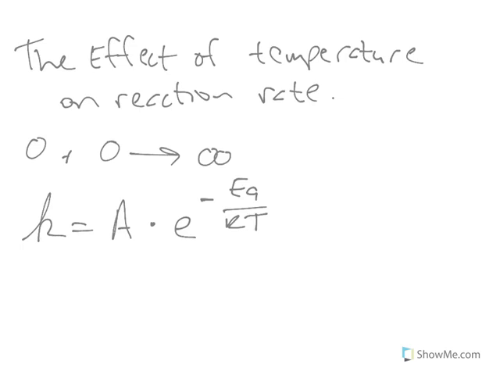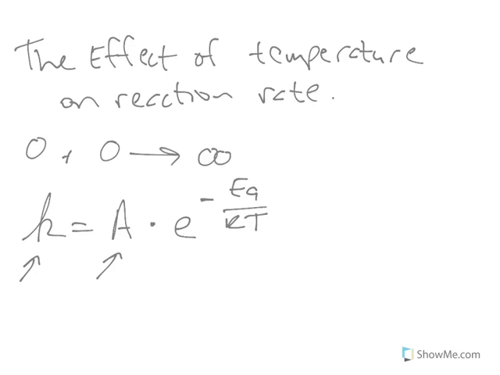And this A is what's called the pre-exponential factor. That has to do with the kinetic energy that's required. It also has to do with the alignment of the particles and so forth. So we call that the pre-exponential factor. Lowercase k is the rate constant, so of course, the bigger that number, the better.